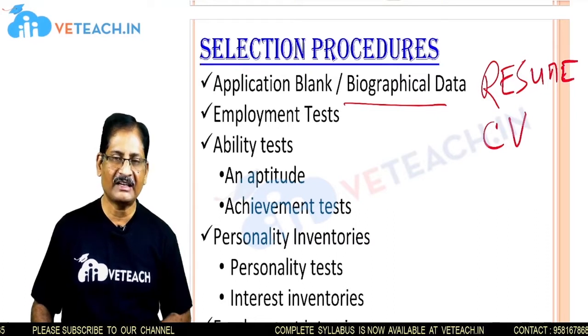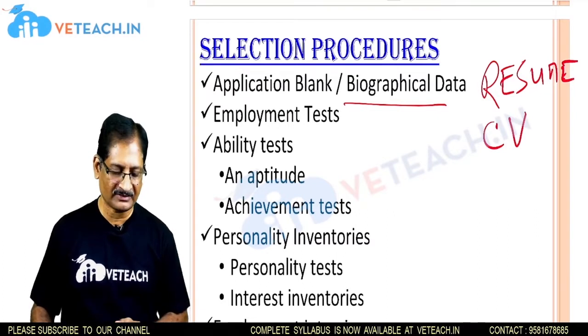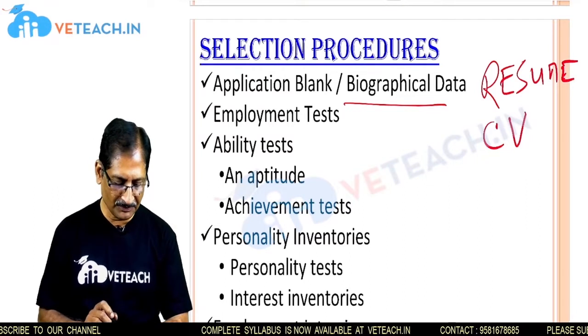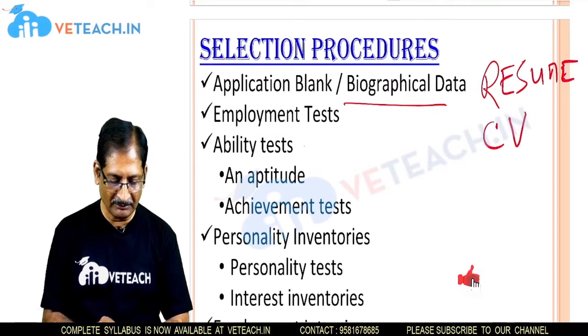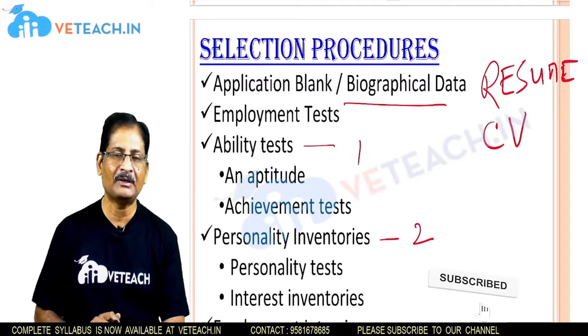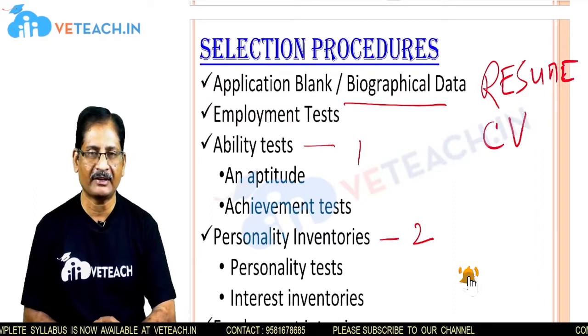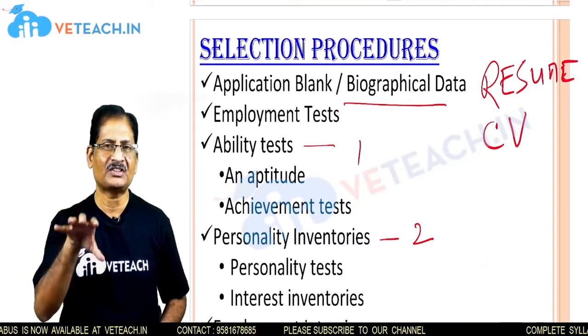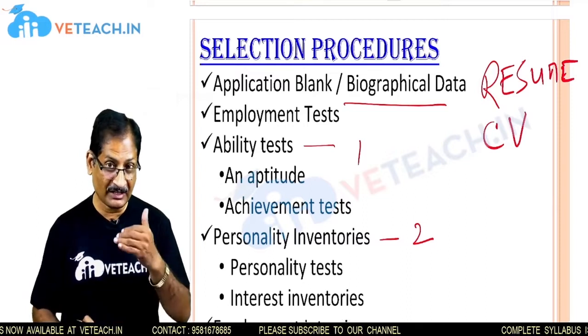Then once we get this resume with us, we are going to carry out some kind of employment test, where under this employment test we will have the ability test and the personality inventory. First, the ability test, where we are going to identify the potential abilities of the individual who possesses the required qualifications or required skills.